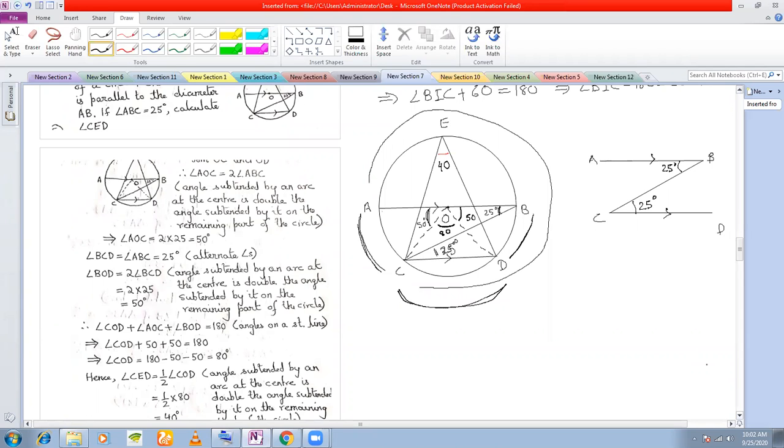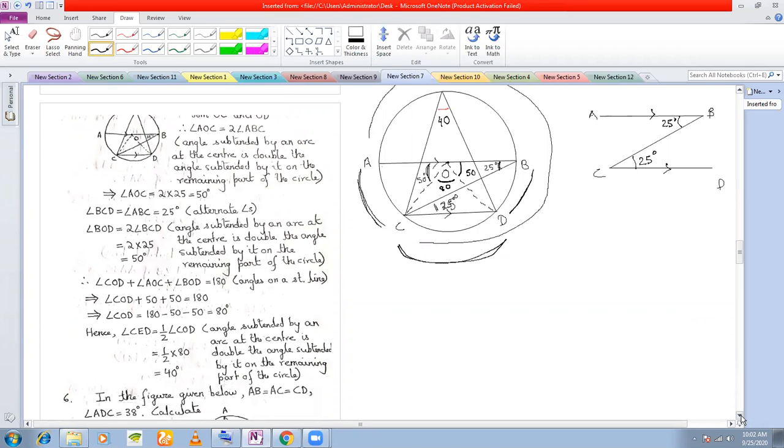So that is what is required here. Okay, so what we'll write here is, we start by saying join OC and OD. So therefore we'll write angle AOC is twice of angle ABC, which is 2 into 25. Or maybe I can give the reason here first.